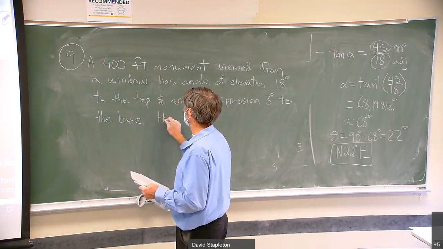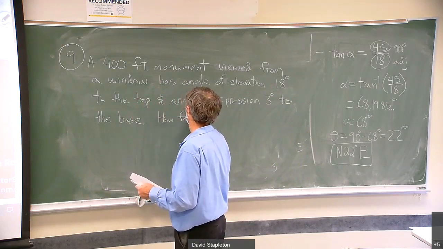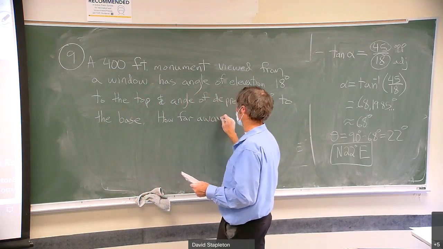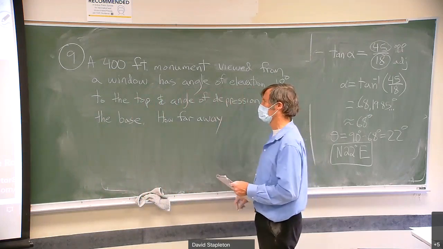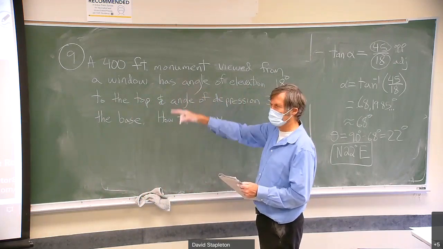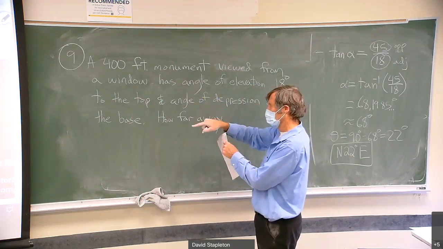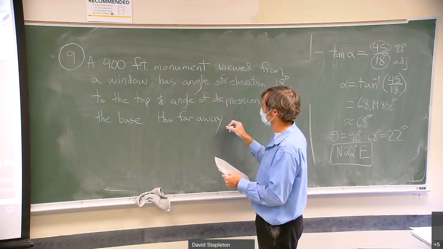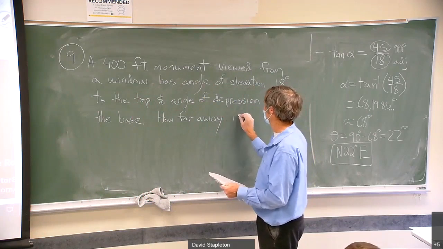How far away is it? You're going to walk to the Great Pyramid of Egypt or something. You want to know how far away it is, and you've got your handy dandy sextant out there. Astronomers have it. Measure those angles. You can figure exactly how far you're going to have to walk, right?